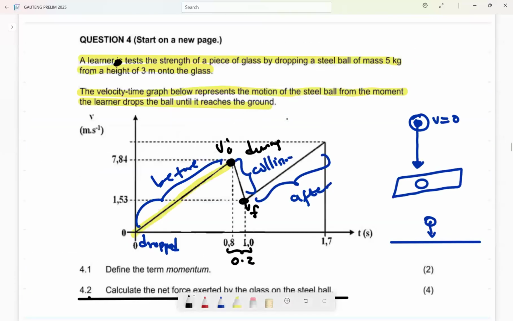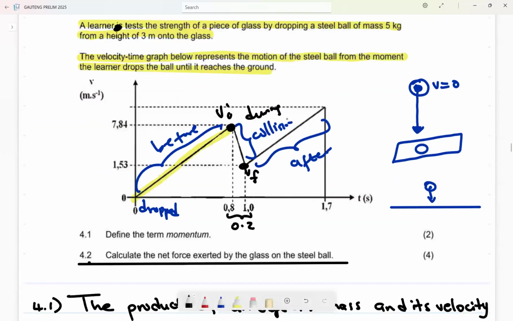It is upwards because I chose downwards as positive. Guys, the steel ball exerts a downwards force on the glass, but the glass will react by exerting an upwards force on the ball.